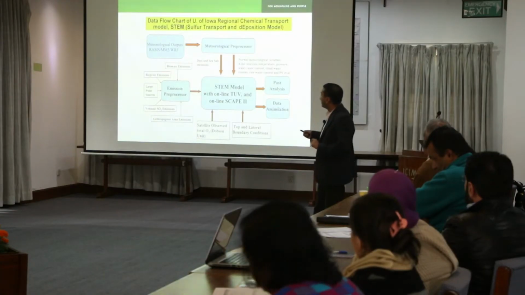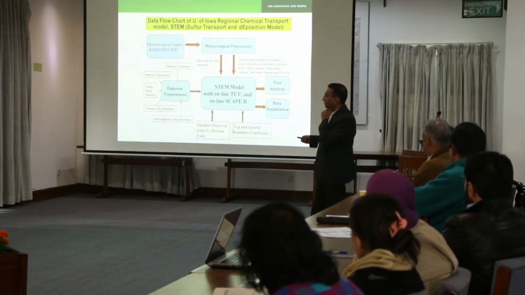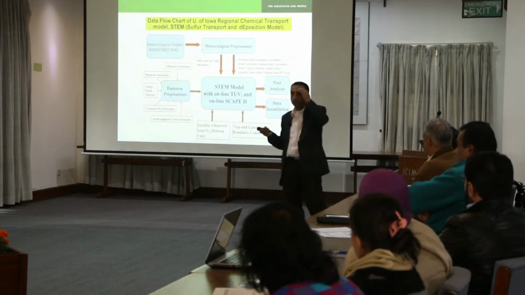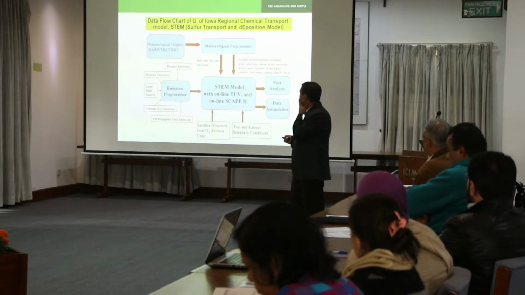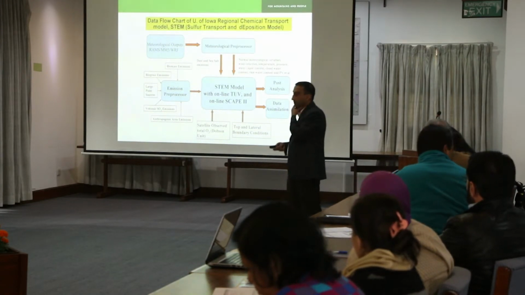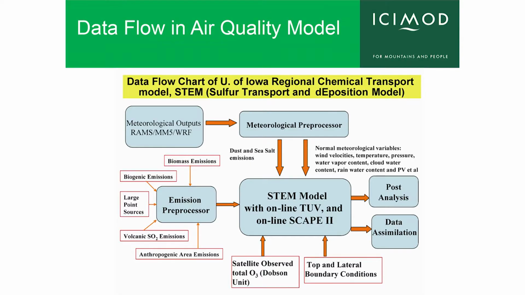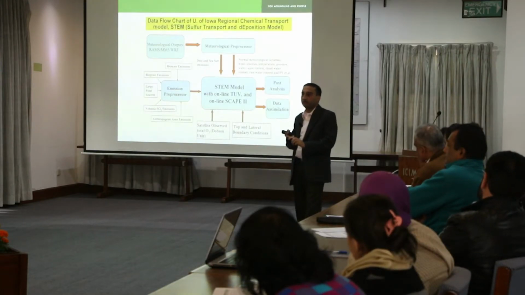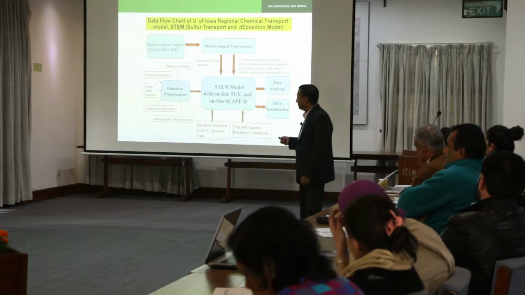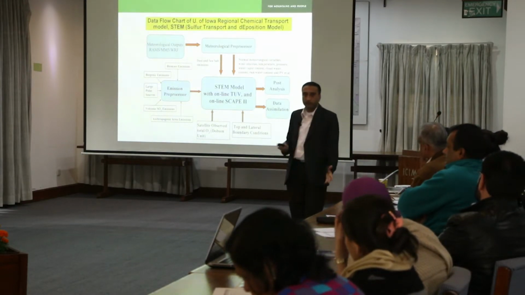There's information about emissions: large point sources, all your big power plants, all your factories; biomass emissions, which is your forest fires; biogenic emissions, emissions coming from forests; area emissions, or diffuse emissions, like residential, cook stove, transport; and then volcanic sources, big ones.